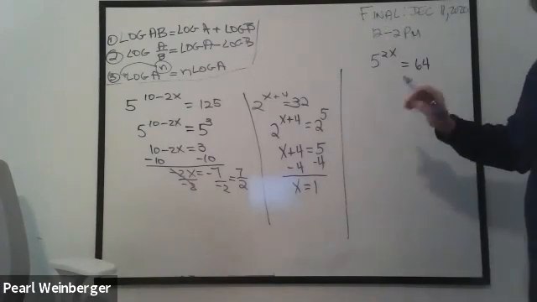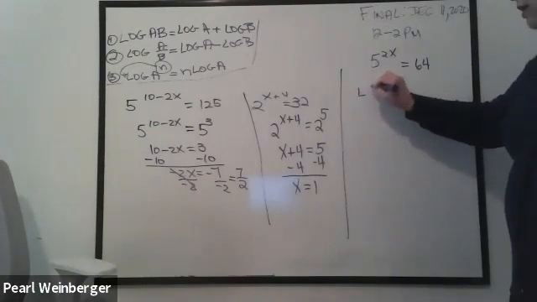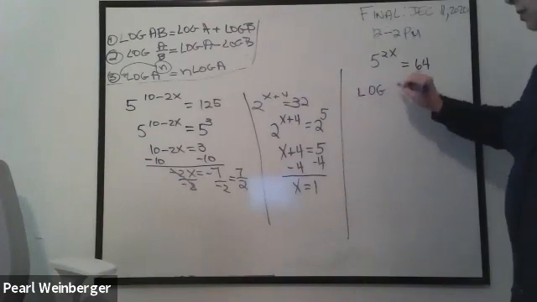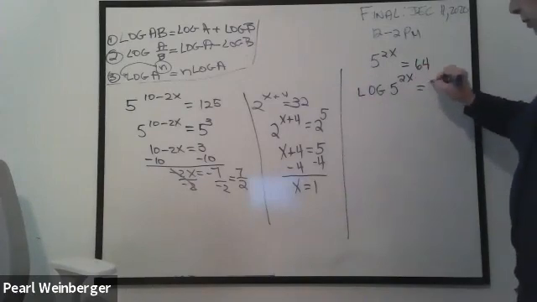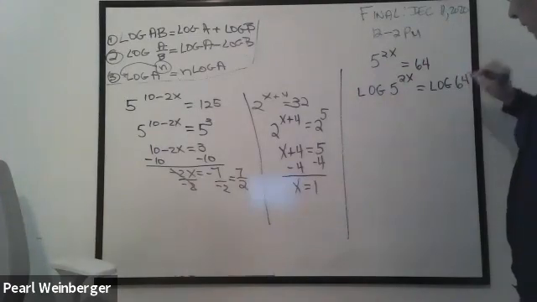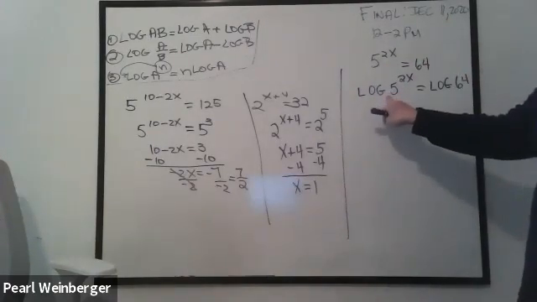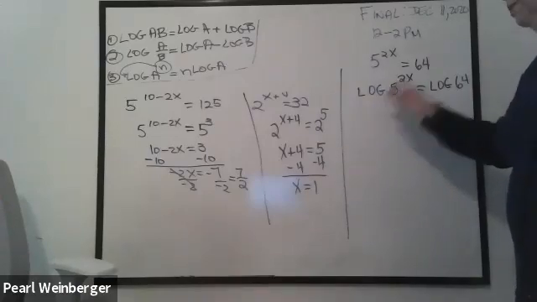So what we do is we put the word log next to each of these expressions. So I get log of 2 to the x equals log 64. And notice the log, I didn't even put a base next to it because the base I want to use is base 10.